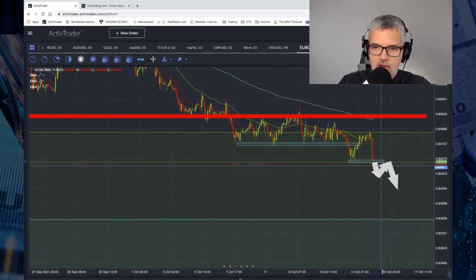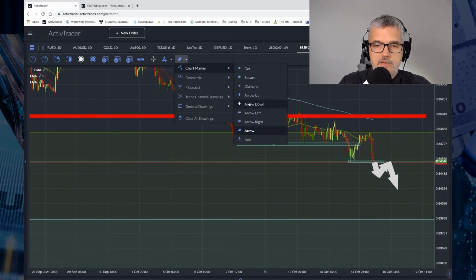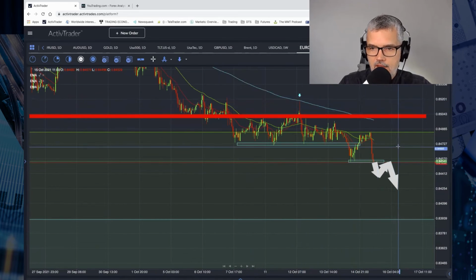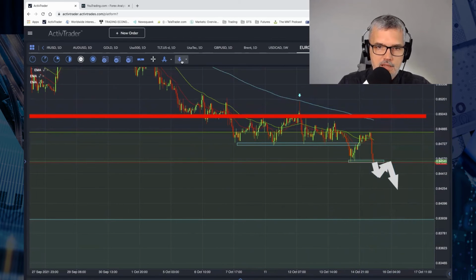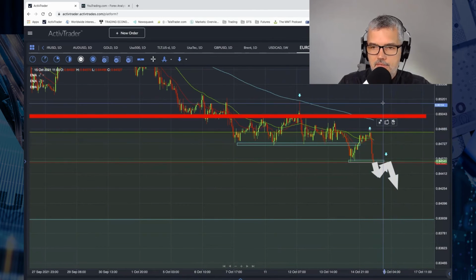Obviously I said up here is where the stops could go, because that's where we're definitely wrong in terms of my higher time frame analysis. But if we can get a pullback and then a continuation lower, then we can put our stop up here, or even, if you want to be a bit more conservative, up here.